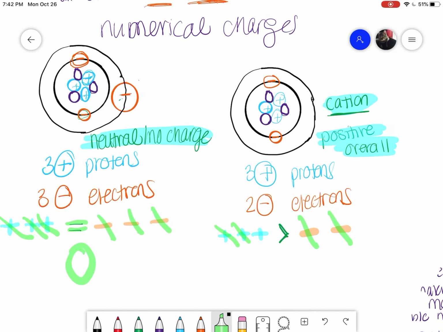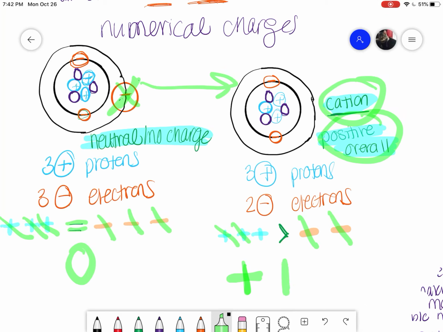And so when we are trying to figure out the charge of this, we know it's going to be positive because our atom is a cation, or positive overall, but our number is going to be the number of electrons that we lost. And so from here to here, we lost 1 electron. So because we lost 1 electron, we're going to put +1.